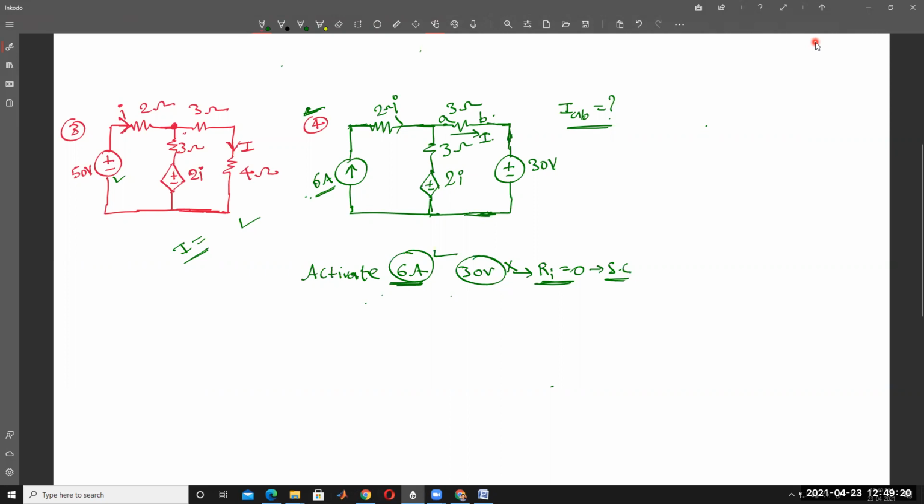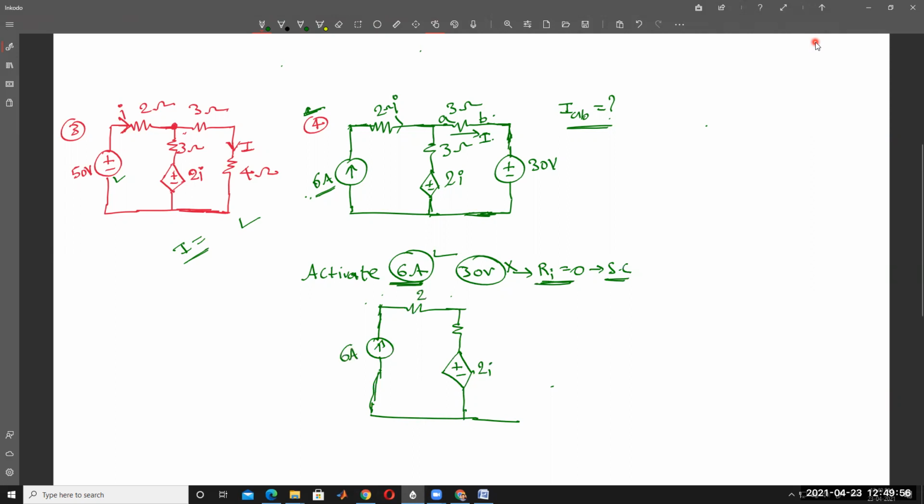And then the circuit will become like this: 6 amps, a 2 ohm resistor and a 3 ohm resistor, and this is the current I. Here is the plus minus 2I dependent source, and this is the 6 amps current source.